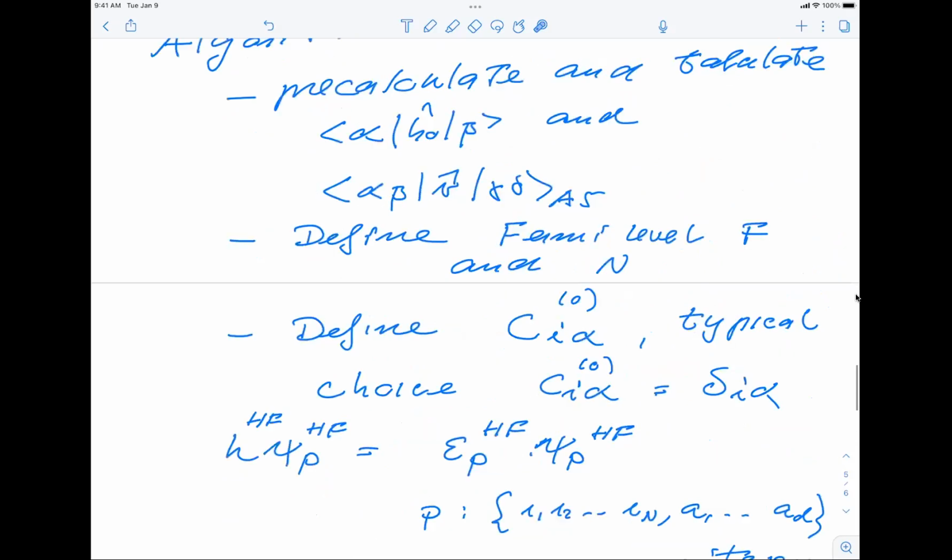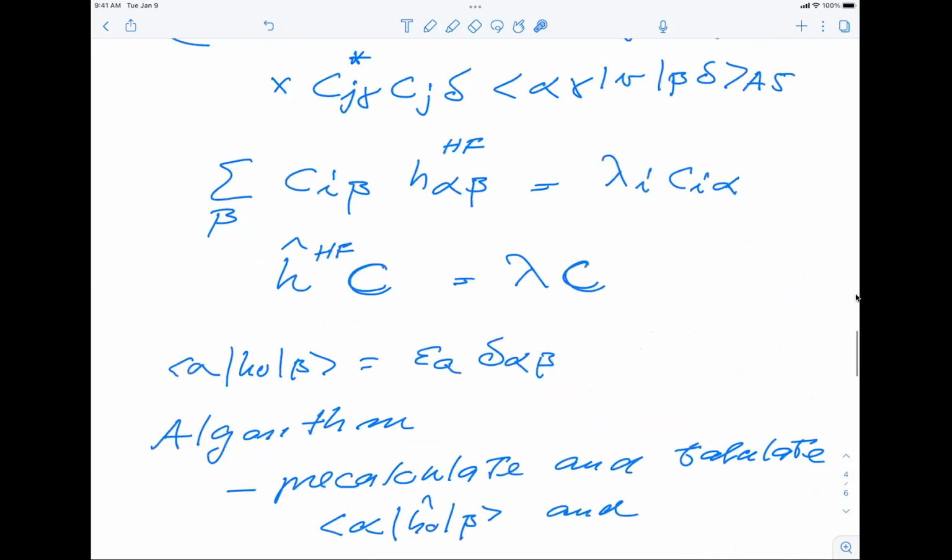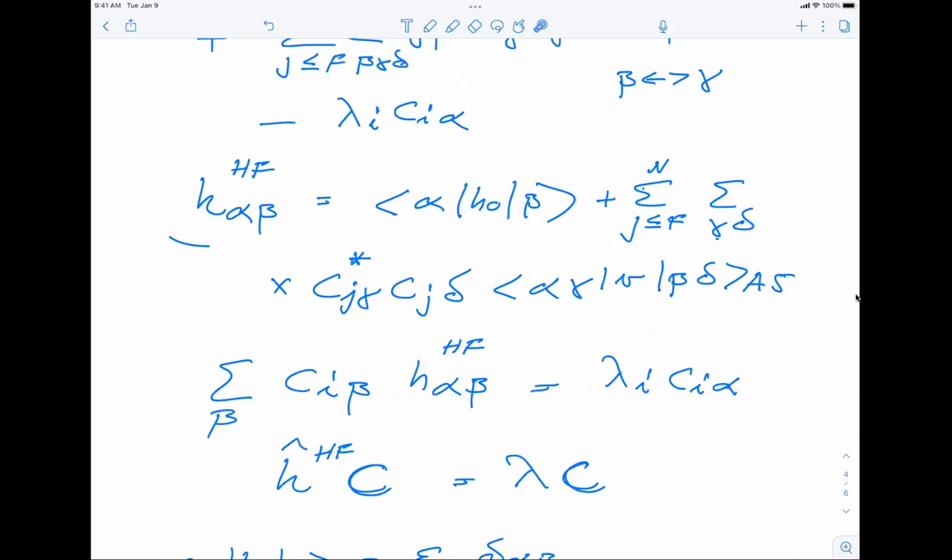And for every iteration, calculating that one means that you have no loops here, and then you have a triple loop here. One over all the single particle states, actually 2 over the single particle states and 1 over just the states below the Fermi level. So from a computational point of view, this is less computationally consuming.